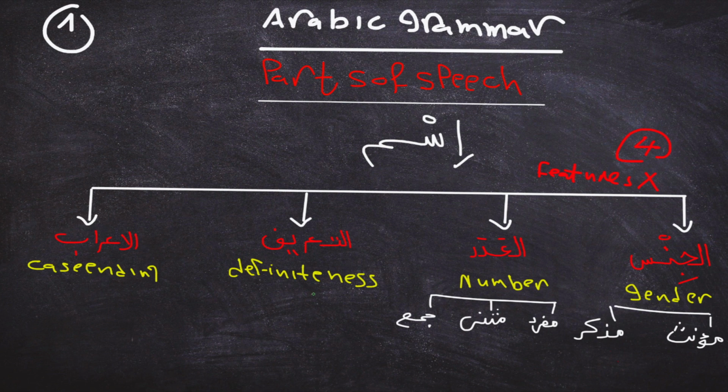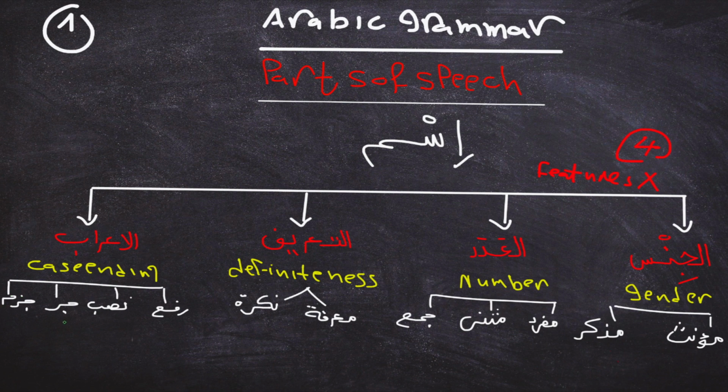And with the definiteness or التعريف, معرفة, definite, nakira, indefinite. And last thing we have الإعراب: رفع, نصب, جر, جزم. These are the conditions or types of i'rab in Arabic.